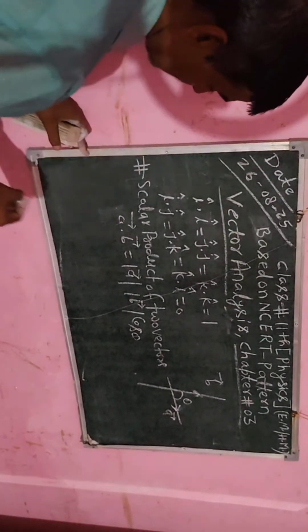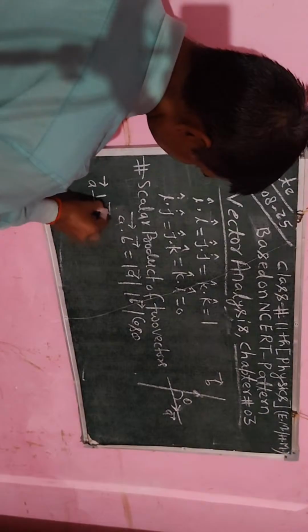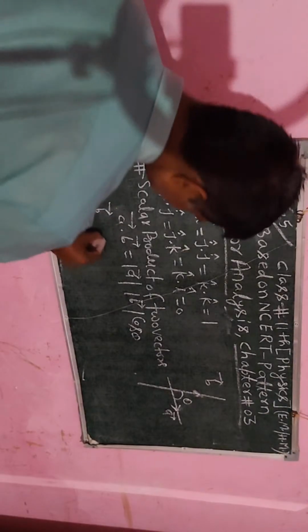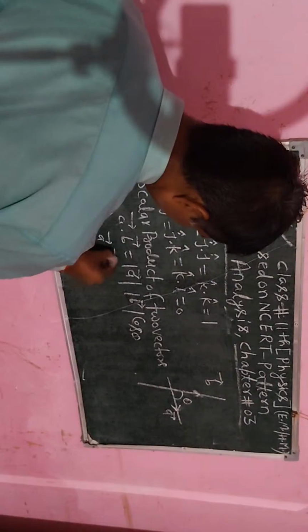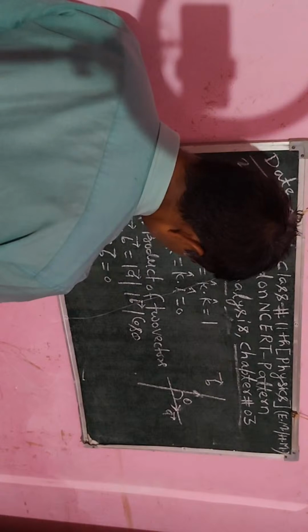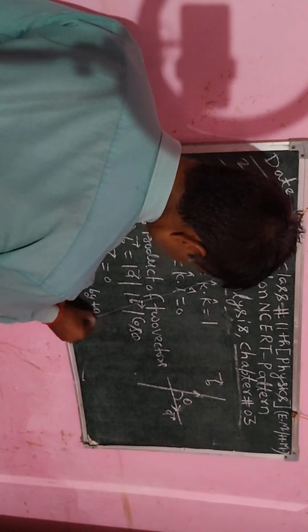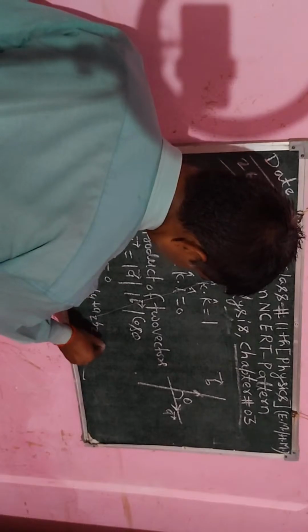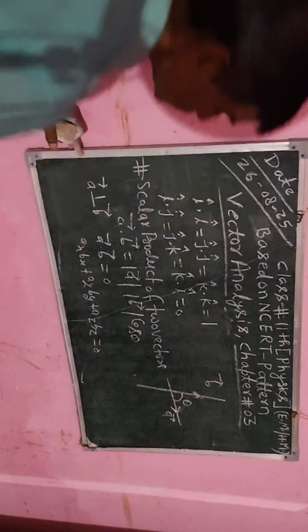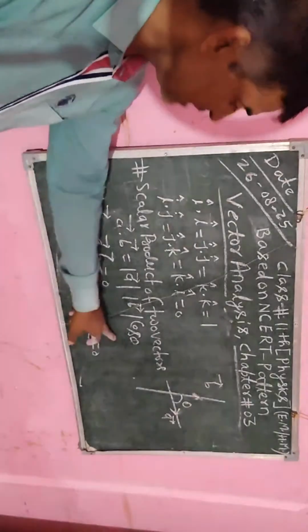Now if vector A is perpendicular to vector B, it means that vector A dot vector B will have the value 0. It means that AX BX plus AY BY plus AZ BZ will be 0. You have to know it clearly, because the angle between these two vectors will be 90 degrees and cos 90 degrees is equal to 0.